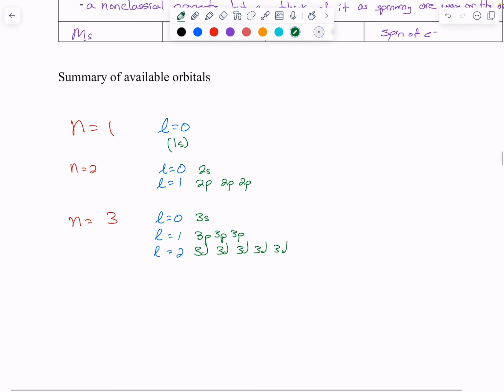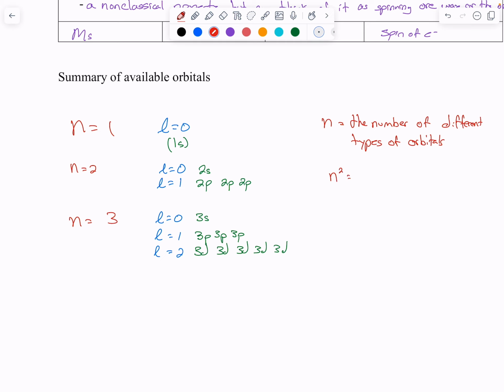Right? So now if you look at the number of orbitals here, n is the number of different types of orbitals. And the other thing is n squared is the total number of orbitals within the principal energy level.